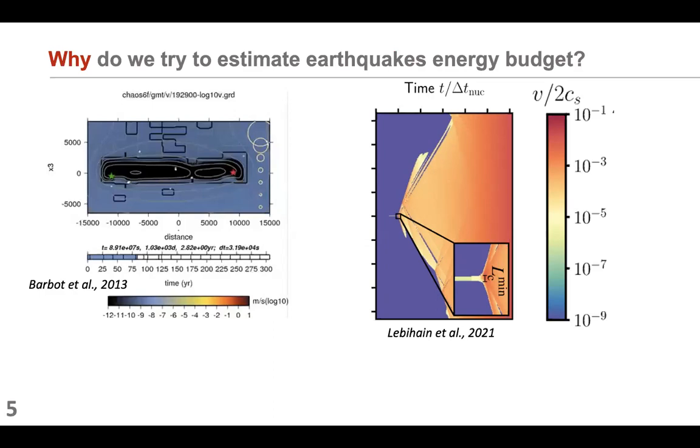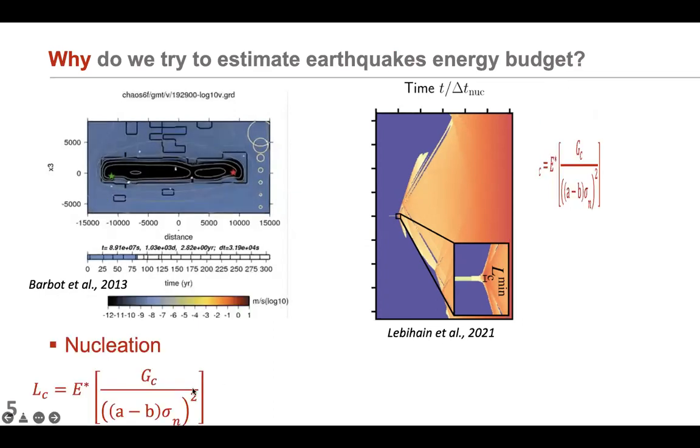What I wanted to show here is that if we know the fracture energy along the fault, we can estimate the different stages of the rupture of the entire fault system. The first thing we can estimate with the fracture energy is the nucleation length, for instance the minimal nucleation length that can induce dynamic propagation locally along the fault plane.